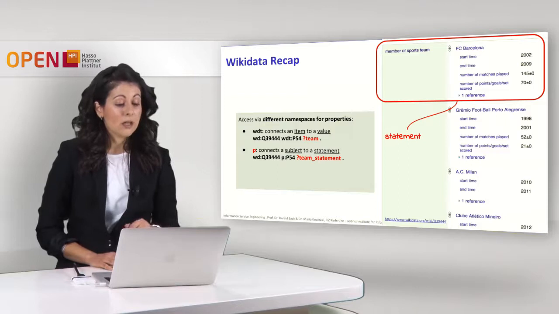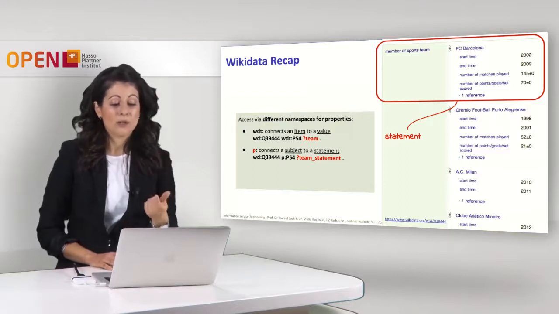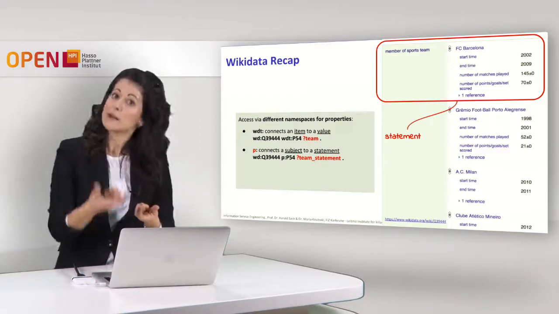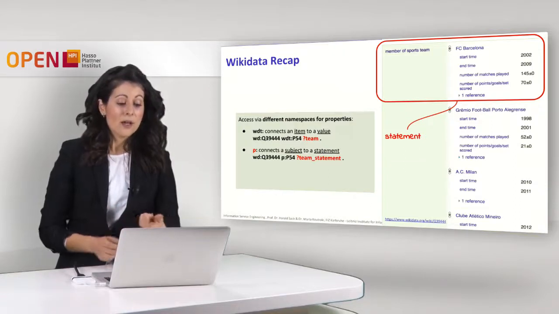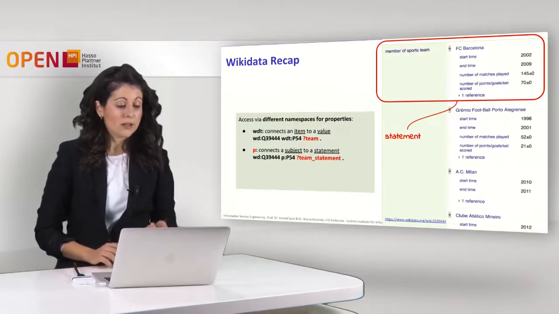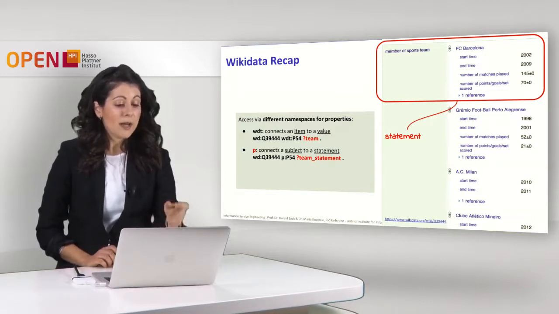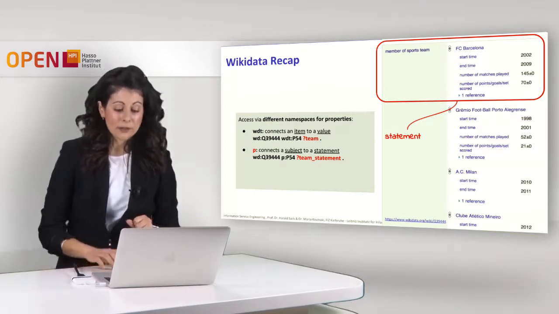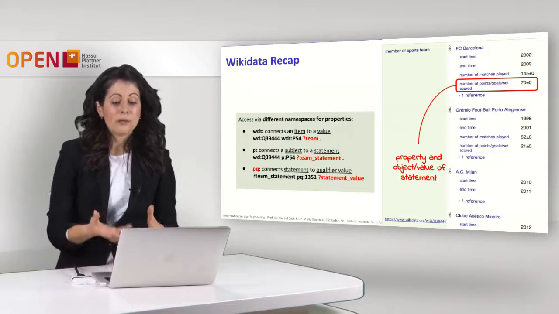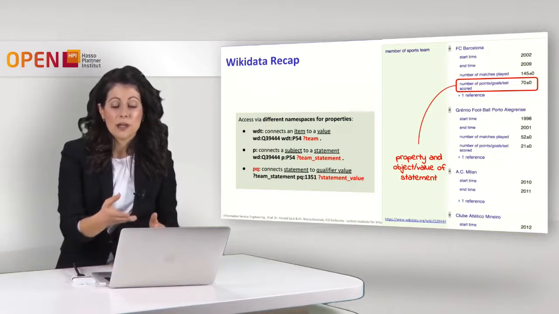The P namespace connects a subject to a statement, so this is how we then access the statement itself. So you see how we do it here, WDT, the WD, the soccer player, P54, and then we access the team statement. And from the team statement we want to get information that is there in the qualifier.